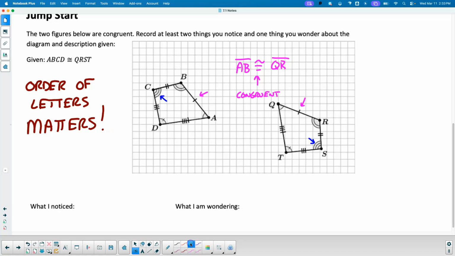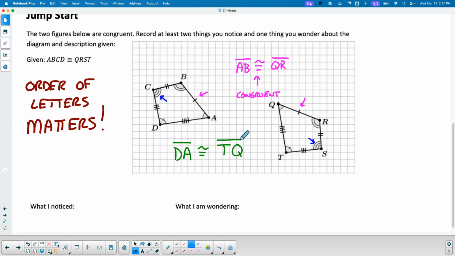So side DA, what would that be congruent to in the other figure? It would have to be TQ because we went from one slash, with one arc with a slash through it. That's T to A with just one slash.